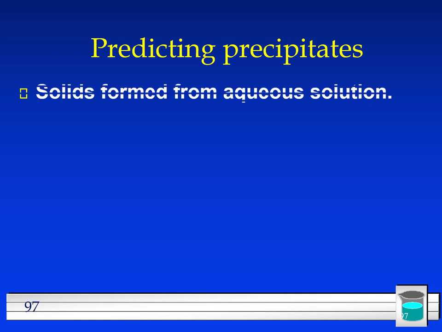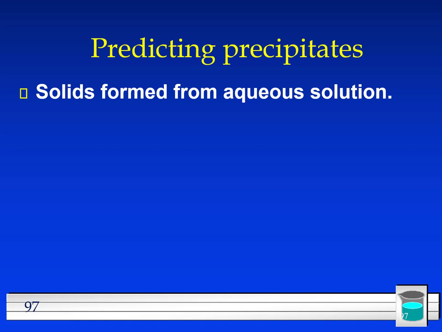Okay, so precipitates are those solids formed from aqueous solutions. If you're not a part of the solution, you're part of the precipitate. Remember, aqueous solution means dissolved in water.